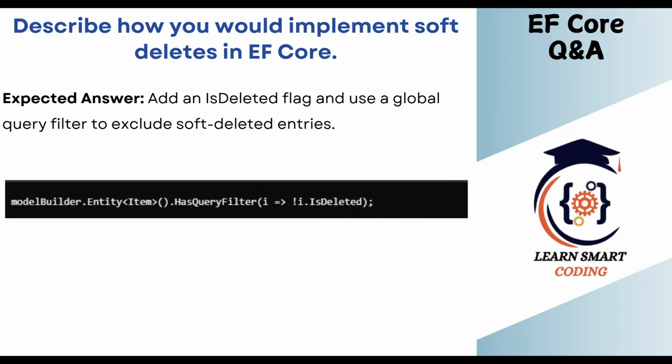Similarly, IsDeleted is a flag. If you make IsDeleted true, it means somebody deleted it, for them it is deleted, but physically it is still present in the database. That's called soft delete. So whenever you retrieve, you can query give me everything where IsDeleted is not equal to true. So that's called soft delete.